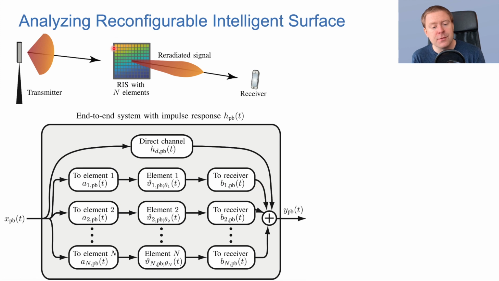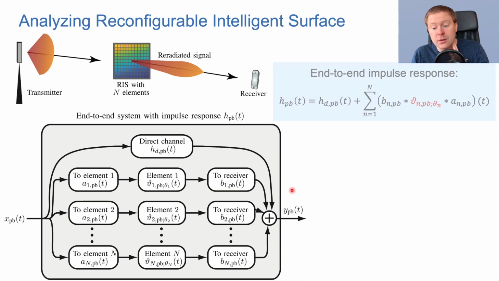And then the same thing happens for all of the elements. We assume that they are not coupled in any way. The signals are just going over one channel, get filtered by one element and re-radiated again, and then it continues like that. And there are then N re-radiated signals. There's one direct signal, and they are added up over there, and we get the received signal.